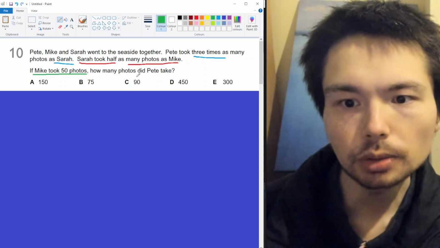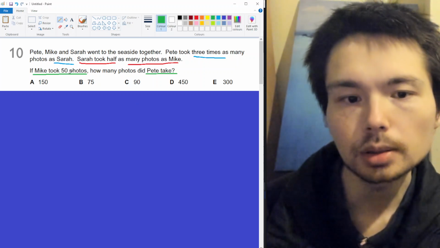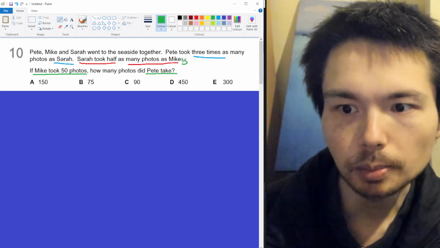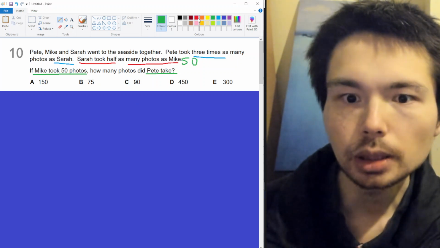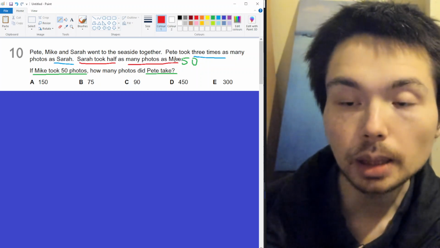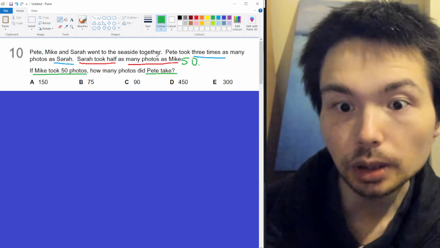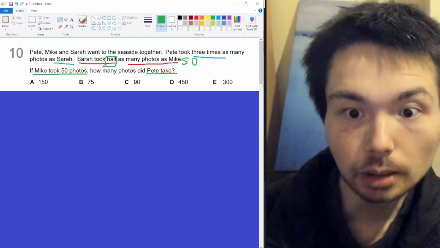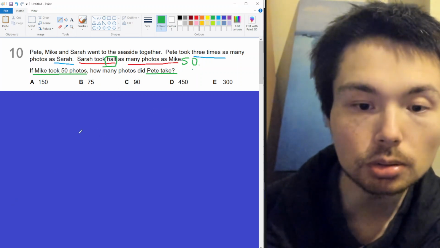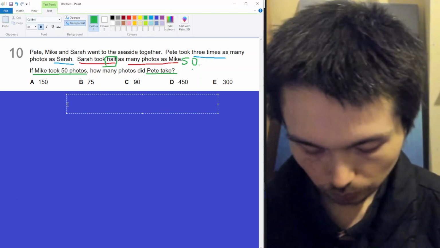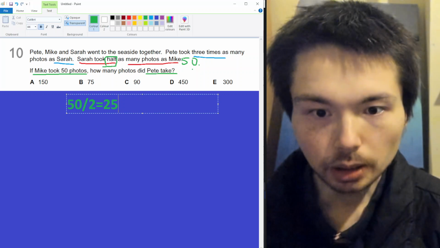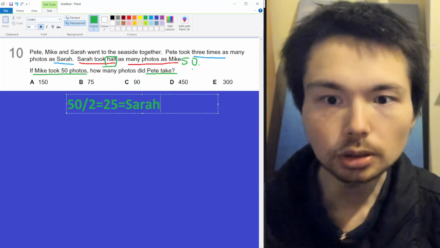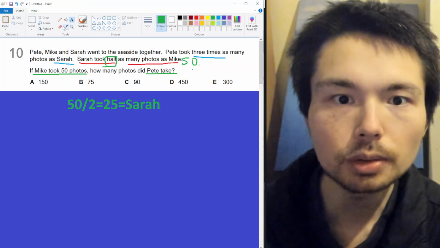If Mike took 50 photos, how many did Pete take? Put that in here, 50. Let's read this. Sarah took half as many as Mike. So if Mike took 50, Sarah took half as many, which means less. So you need to do 50 divided by 2, which equals 25. That is for Sarah. Then use that number and read the previous line.